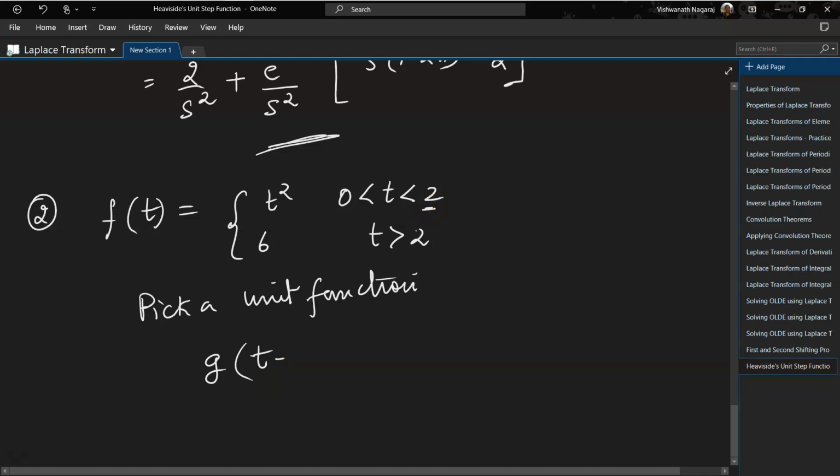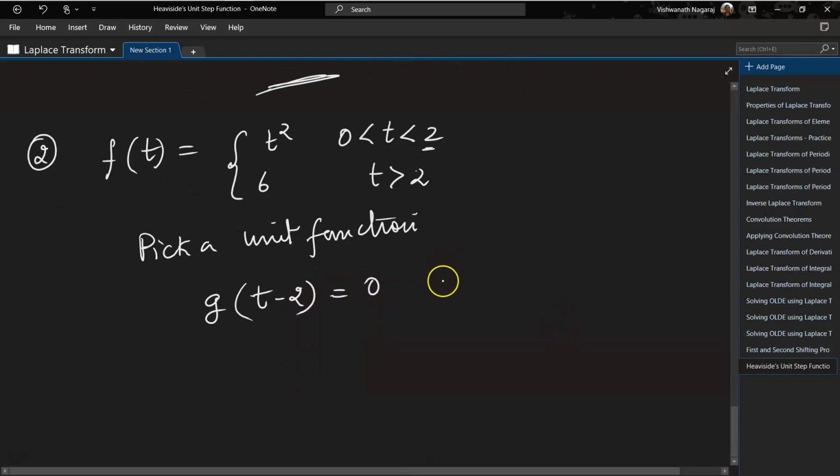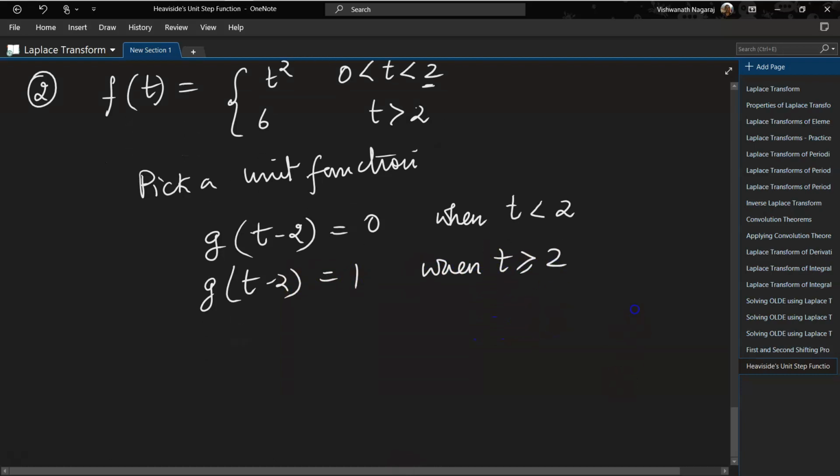So t minus 2. And we want it to be a unit function, so it is going to be 0 and 1. And this would be 0 when t is less than 2. Similarly, g(t − 2) is equal to 1 when t is greater than 2. Right?